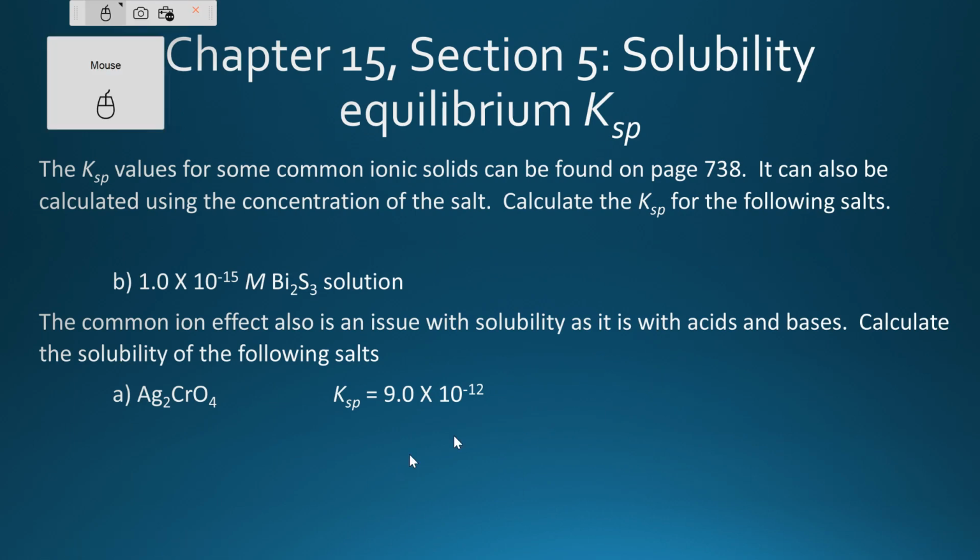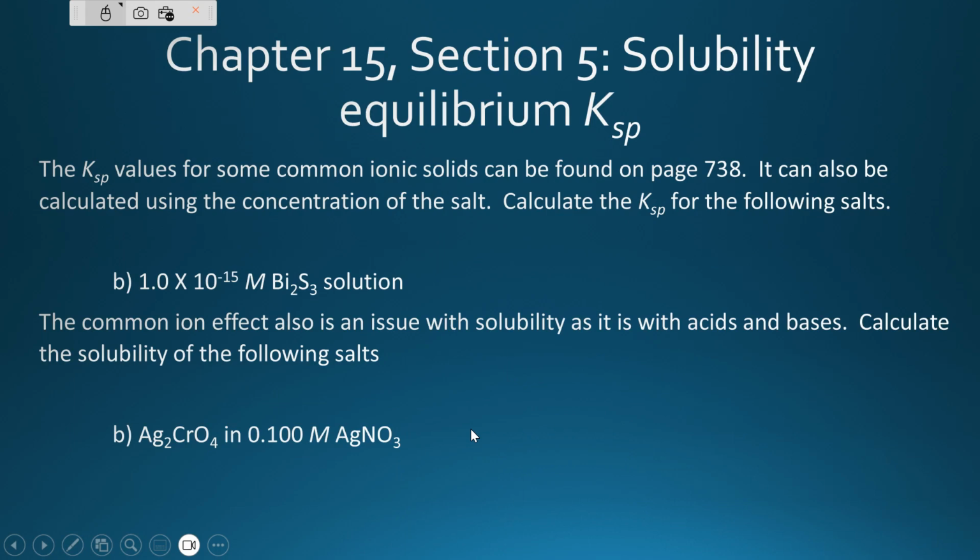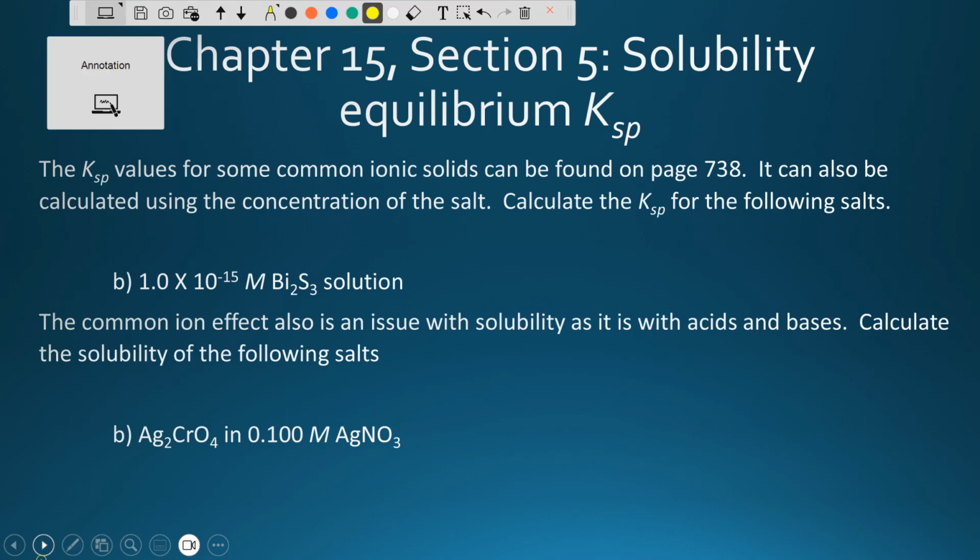Write out your balanced equation, and so you can see how many is there. Now, we're going to be adding in that value, and we're going to be adding in a little bit more of my silver. So it's going to dissociate into silver, but I'm going to be adding in some silver as well. Okay, so remember what we did. We took a look, first of all, at my solubility.